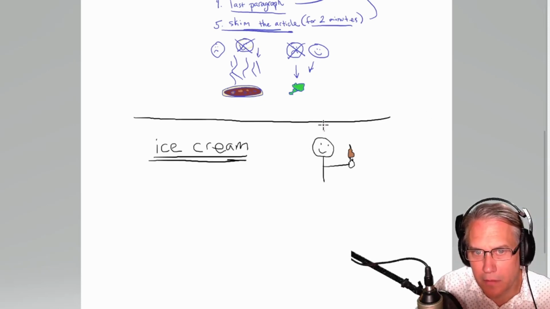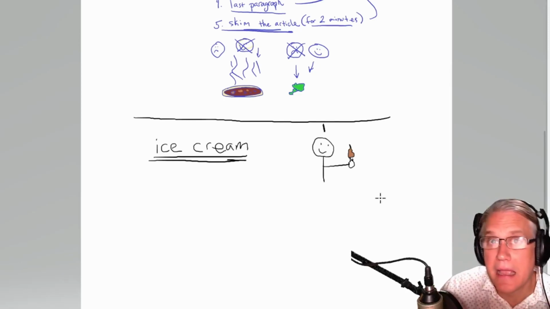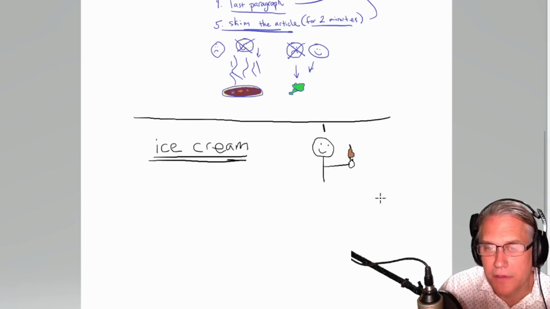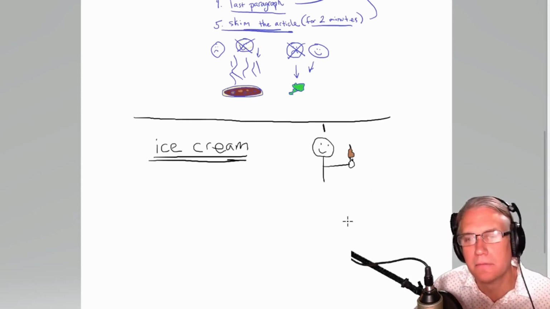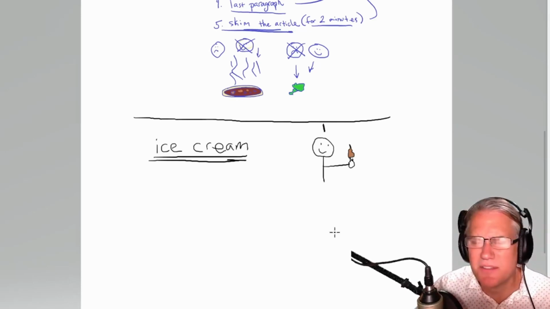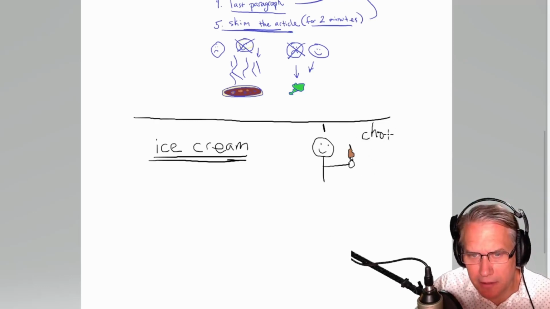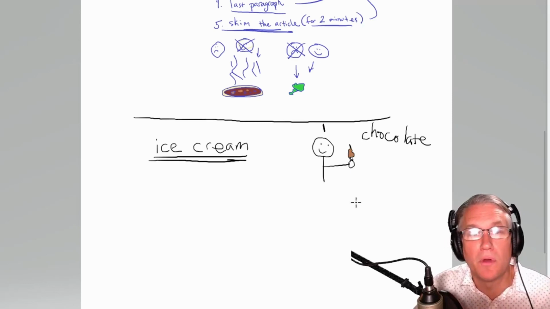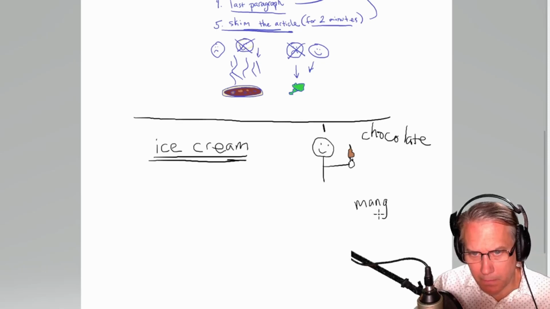Child number 1 has a preference for chocolate ice cream, and then, so in the United States, something that would be more unusual maybe would be mango ice cream.